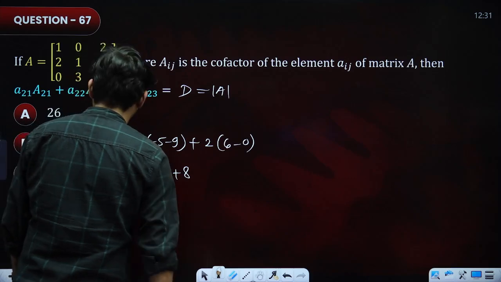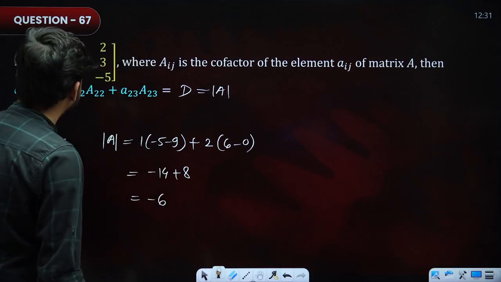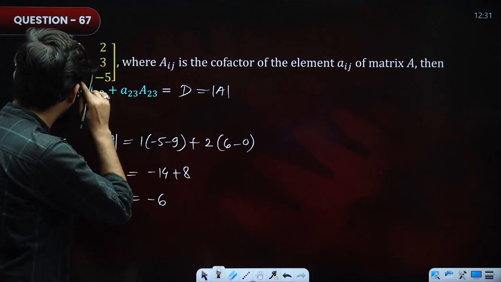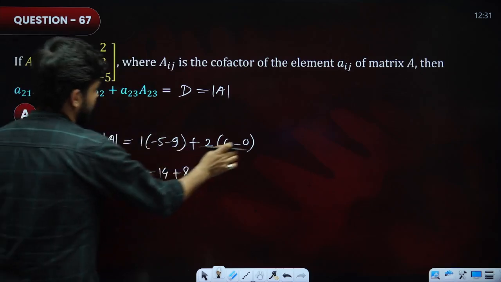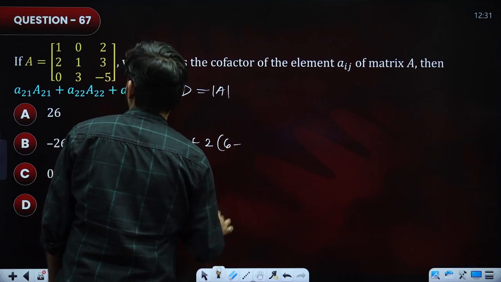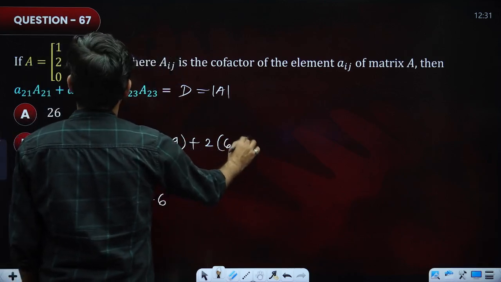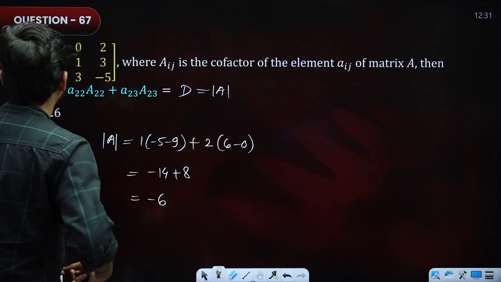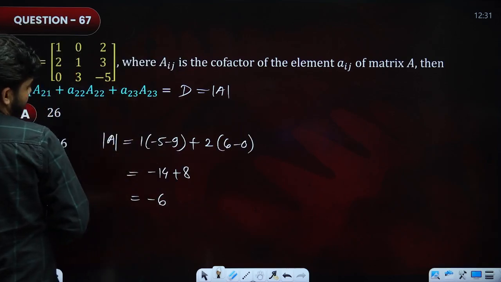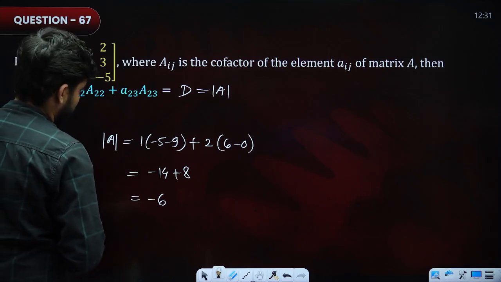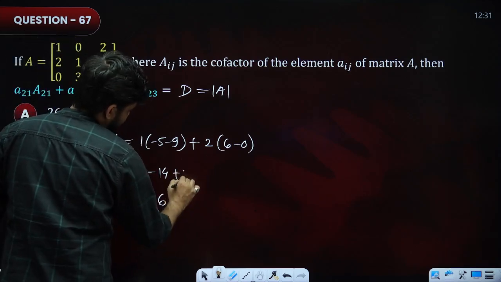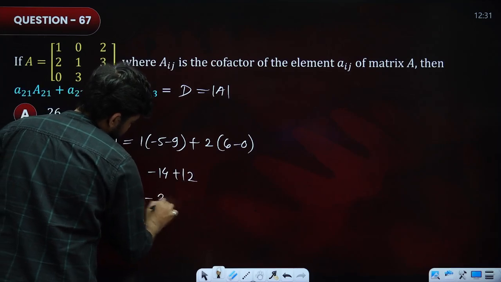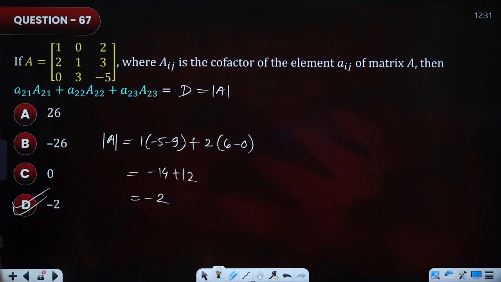So this is equals to minus 5 minus 9, 14. Okay, this is 12. So it is equals to minus 2. Minus 2, option D should be the correct answer.